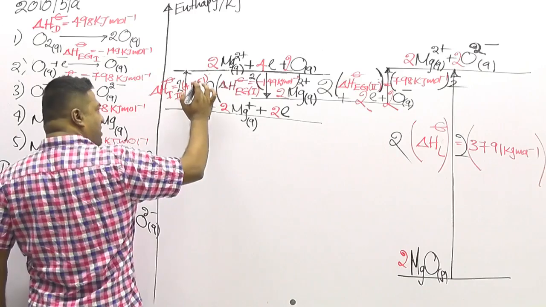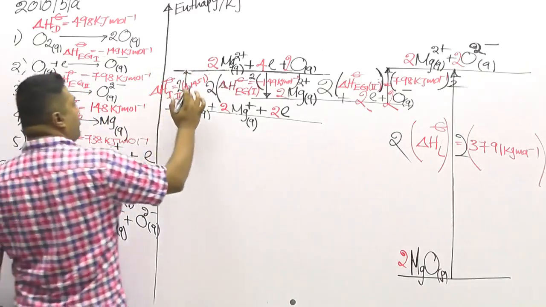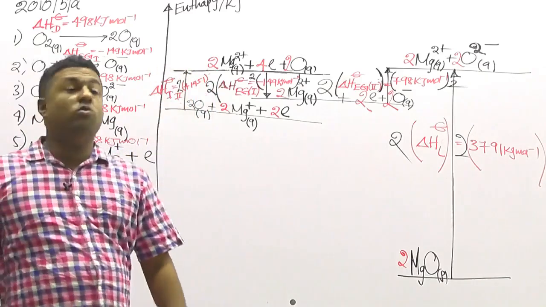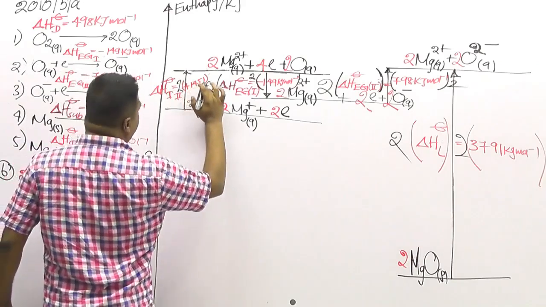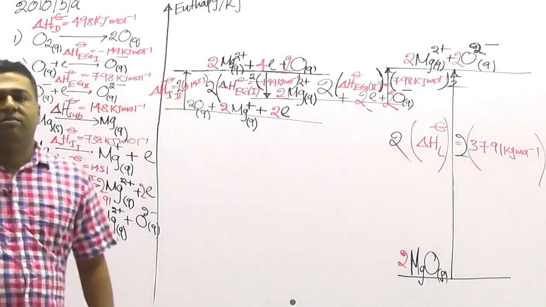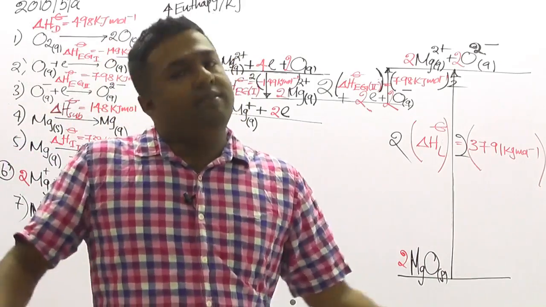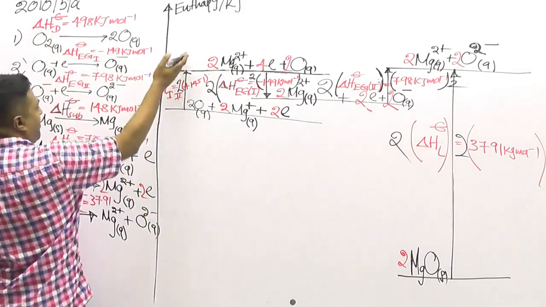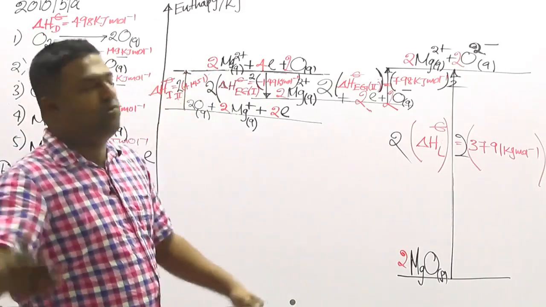This is 1451, and twice of that, 1451 times two, that is 3000. That energy difference, or the enthalpy difference, is 1500 each, so it's 3000.